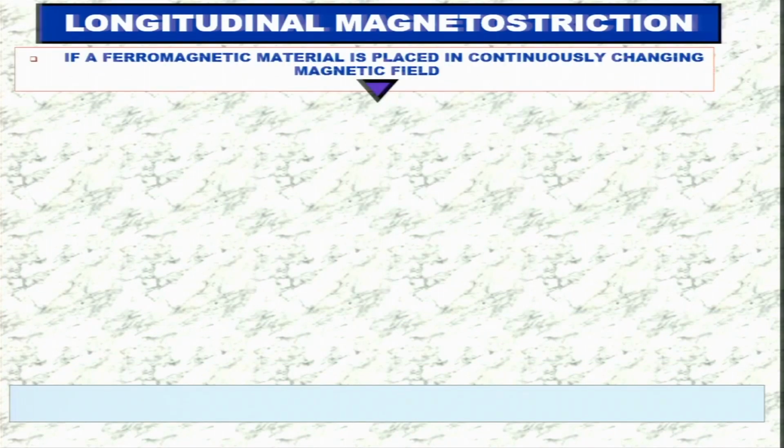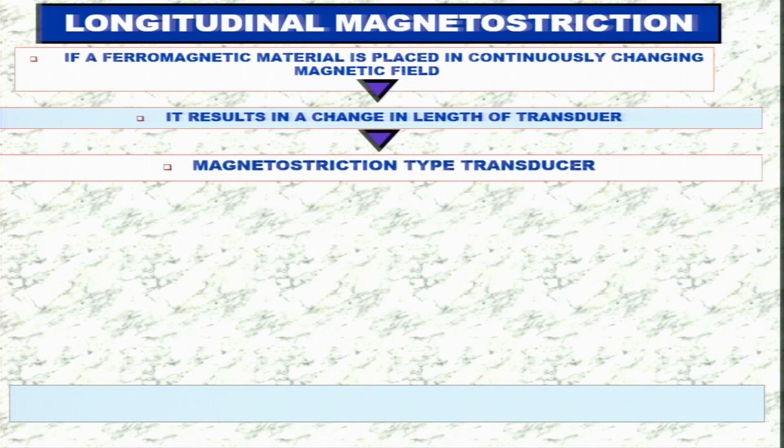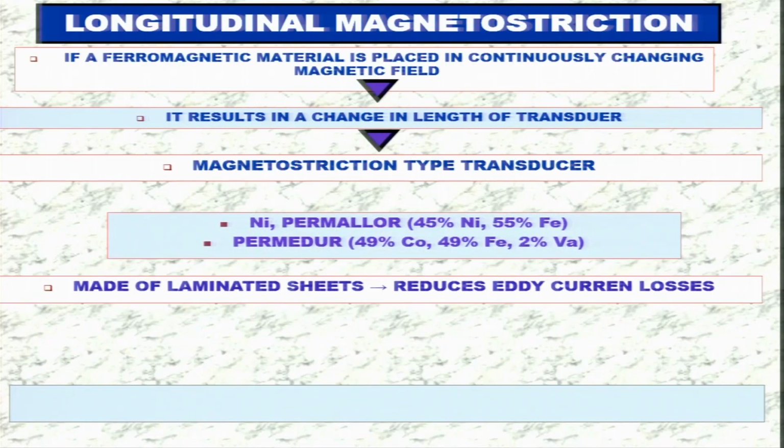Longitudinal magnetostriction: if a ferromagnetic material is placed in a continuously changing magnetic field, then it results in a change in length of the transducer. That transducer is known as a magnetostriction type transducer.